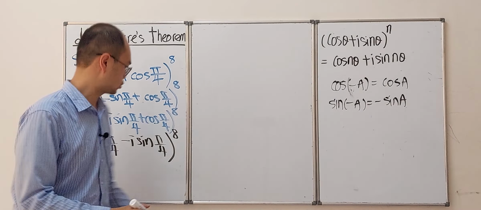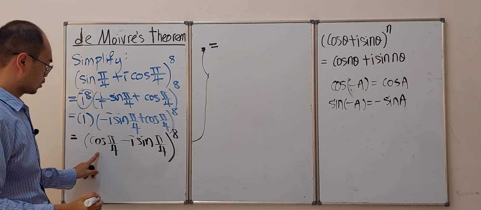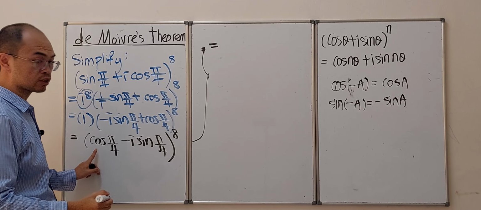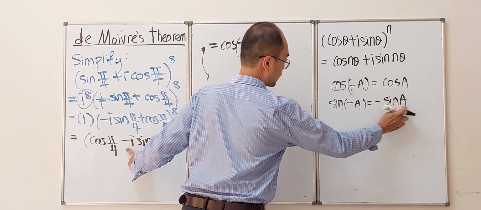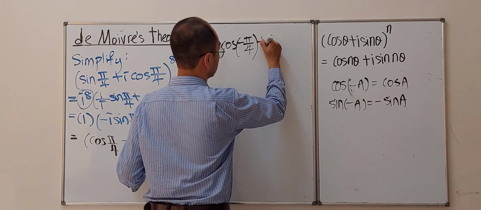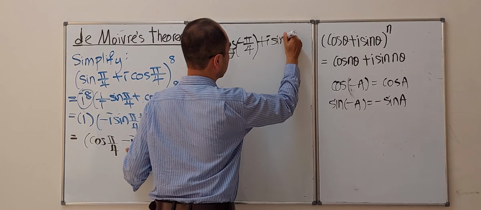So using this approach, I can rewrite this as cos pi over 4, which is the same as cos negative pi over 4, right? The negative sine pi over 4 can be rewritten as sine negative pi over 4.